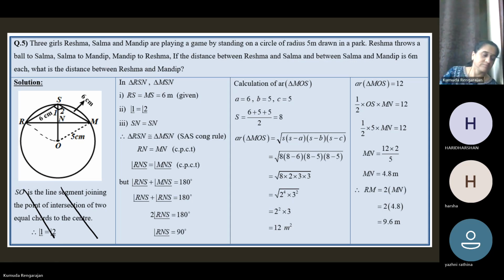It's meter everywhere. Just write the question, draw the figure. Don't write anything else.